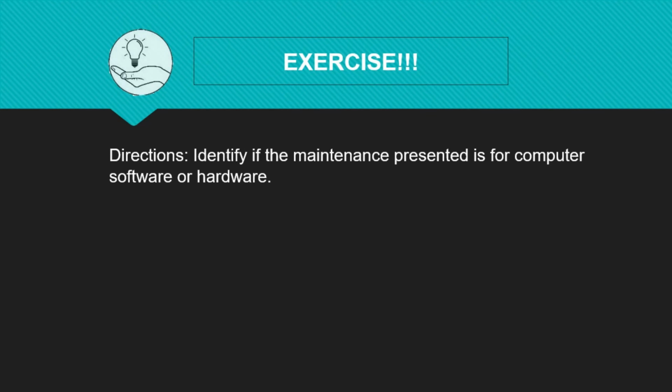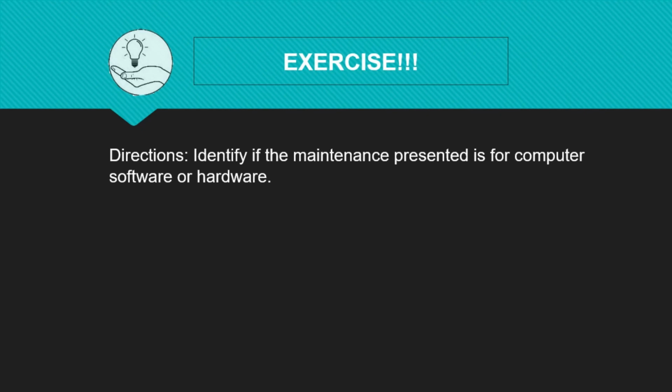We are done with our discussion, and this time let us have a short brain exercise. Here's what you will do. Identify if the maintenance presented is for computer software or hardware.